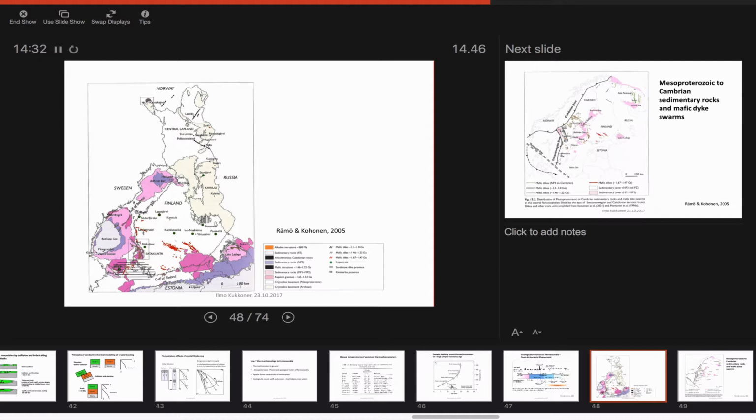So most of the area in Finland, the central part of the Fennoscandian shield, consists of these old rocks. But we have these marine basins, the Baltic Sea, the Bothnian Basin, also the Gulf of Finland, and we have also deep lakes like Lake Ladoga.